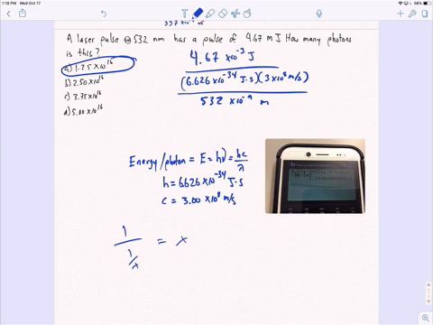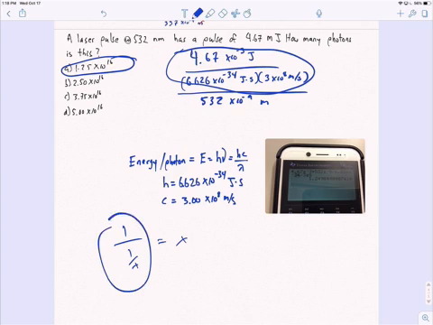I feel bad. The way you did it is you calculated all this out and then divided by that. But in this case, it's the same thing. Oh, right.